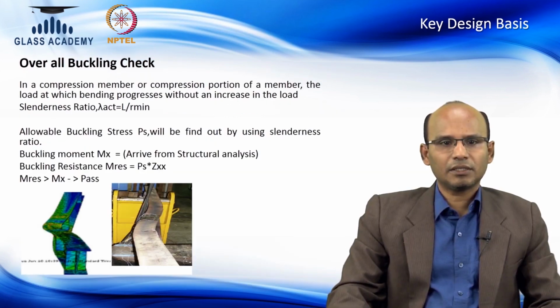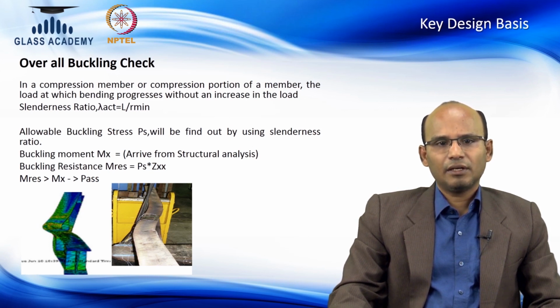Overall buckling check is similar to the steel design. If you are comparing to an I-beam or an open section like a C channel, it is not a closed section like a hollow section. In this case, it is similar to the steel bending theory, and we have to apply this to the aluminum design. There are checks available based on slenderness ratio.